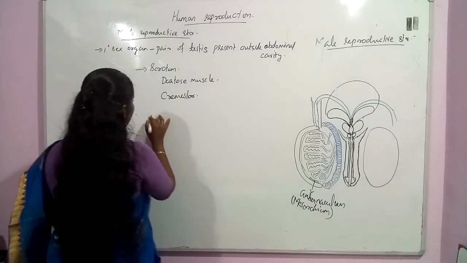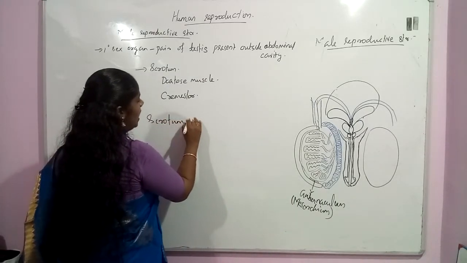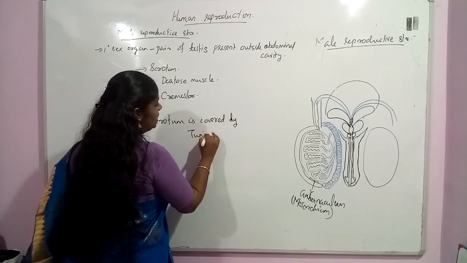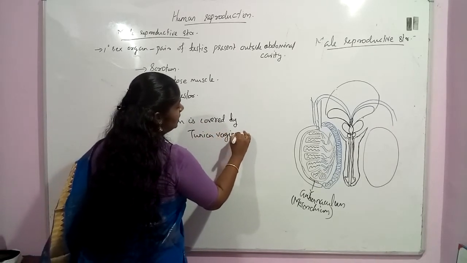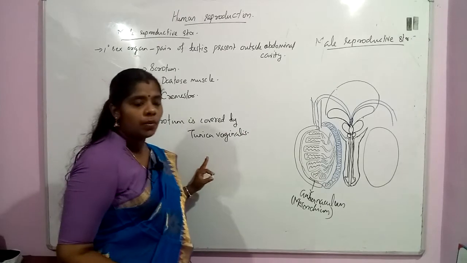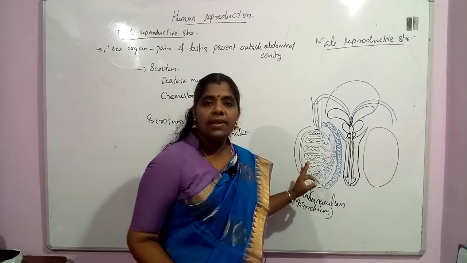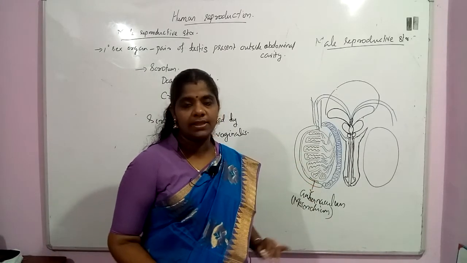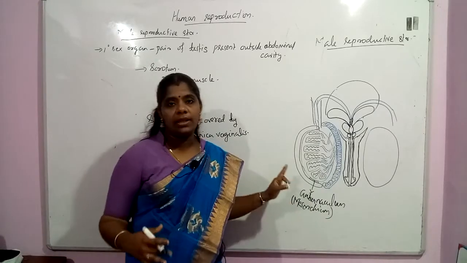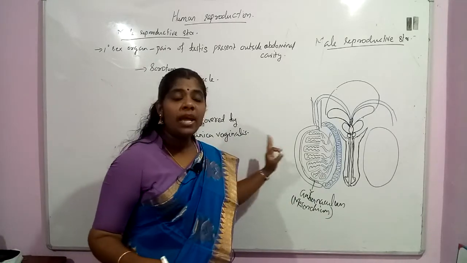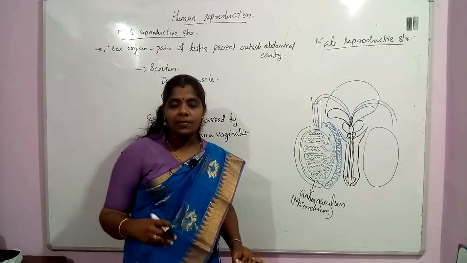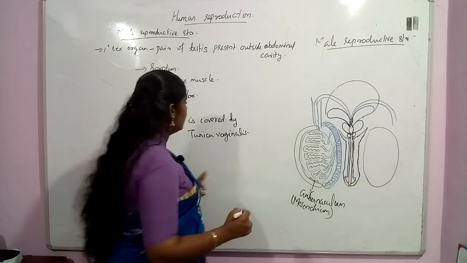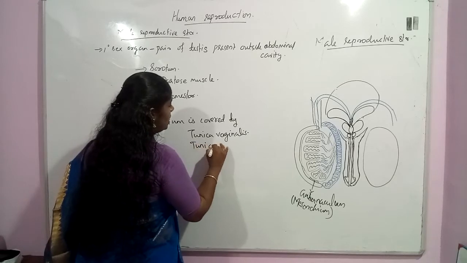This tunica vaginalis is the outermost portion, and it will not be present in the posterior part of the testis, where the spermatic cord is passing. Next layer is the tunica albuginea.